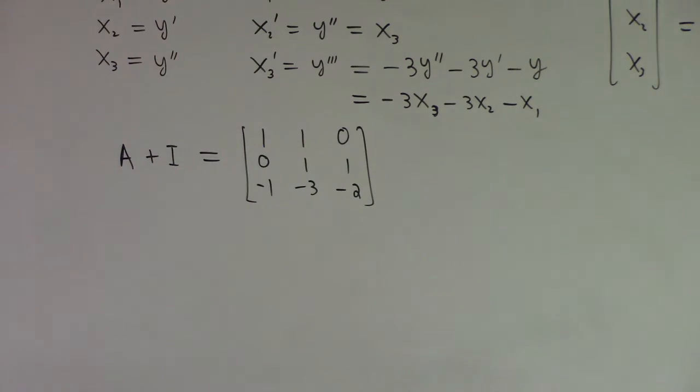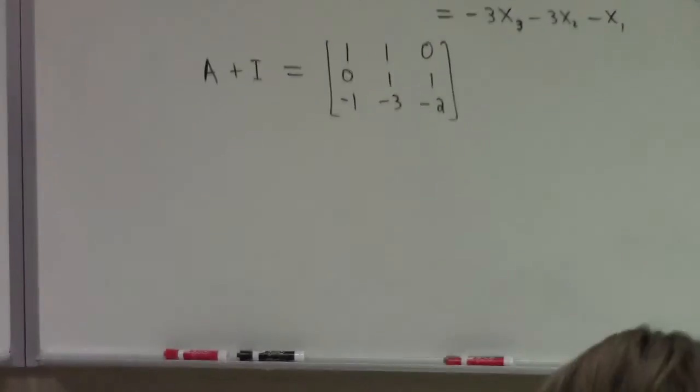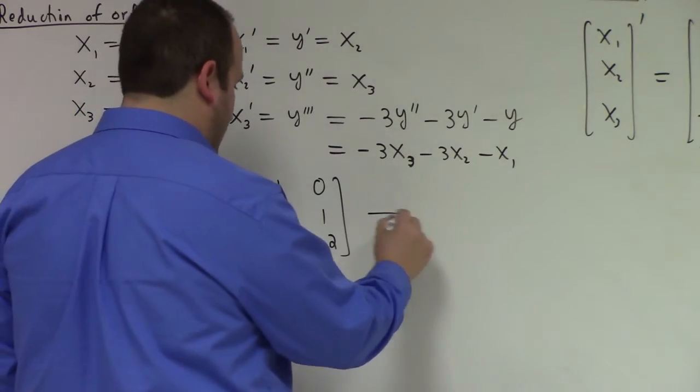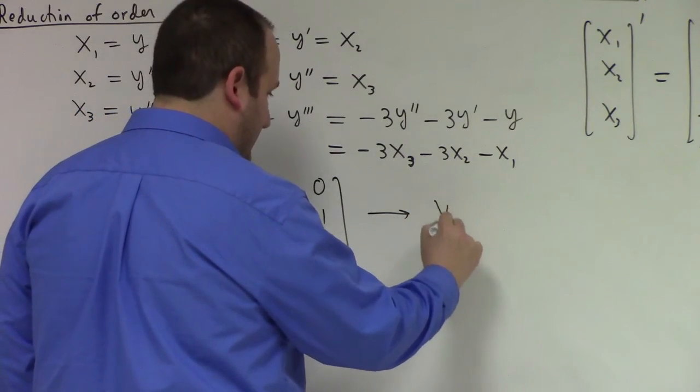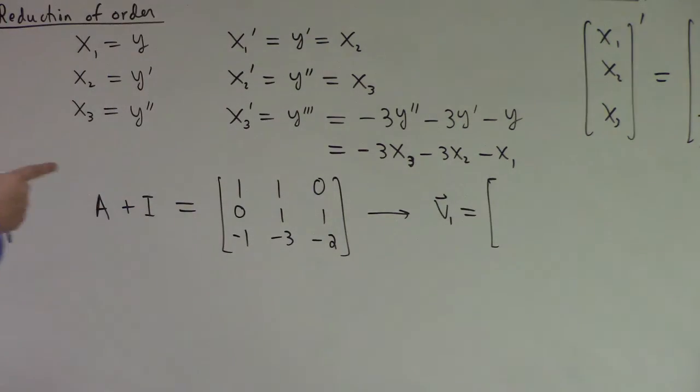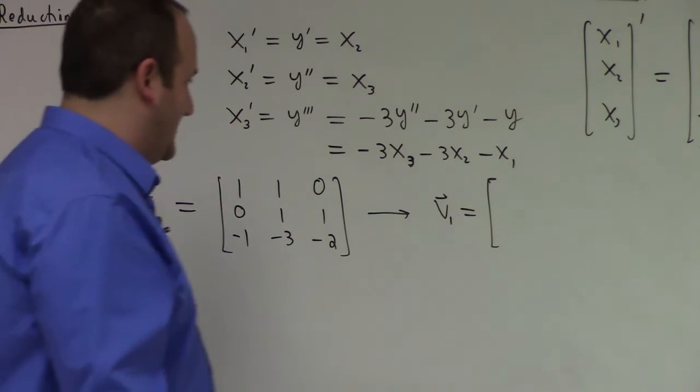I need a vector that when I multiply on this, I get 0. What should I use for my eigenvector? Can somebody just guess it for me? What vector, when I multiply on that matrix, gives me 0? It can't be 0. Zero is not an eigenvector.